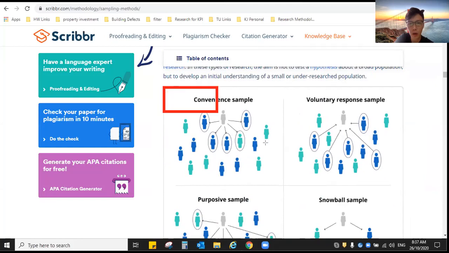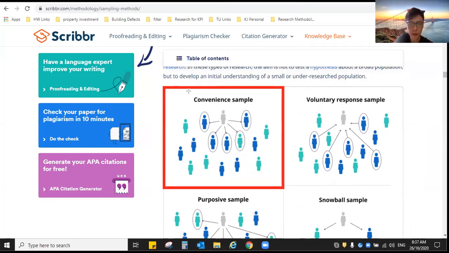The first one, convenient sample. What does convenient mean? Easy, right?